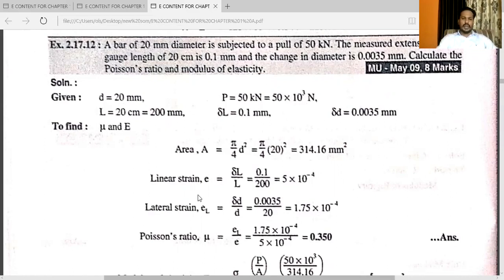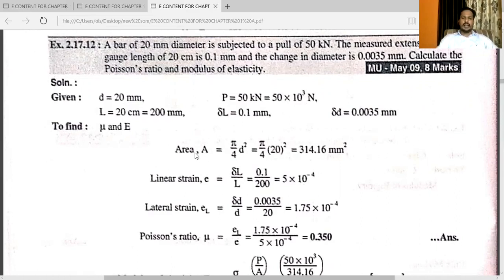So here we have the value of linear strain and the value of lateral strain. Just putting the value of lateral upon linear, you will get the Poisson's ratio. Here the lateral strain, 1.75 into 10 raised to minus 4, upon linear strain, 5 into 10 raised to minus 4, you will get 0.350. That is the Poisson's ratio.